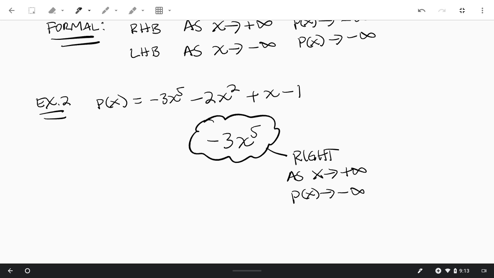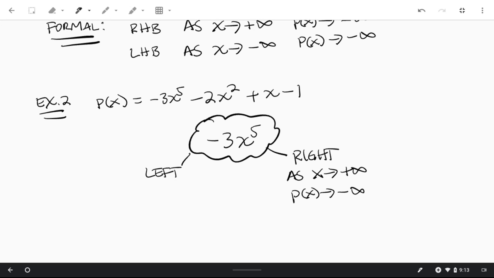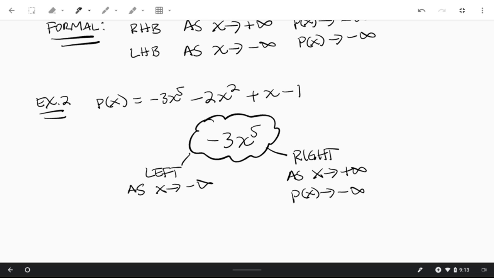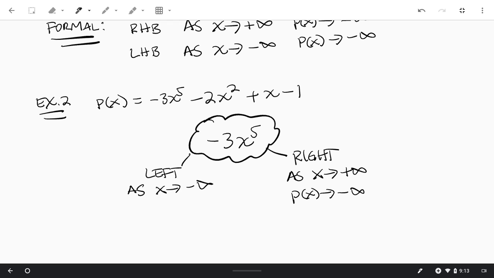Let's do the left-hand behavior. Left-hand behavior means that x is going towards negative infinity. That's to the left. So as x goes towards the left, towards negative infinity, what happens to this term?